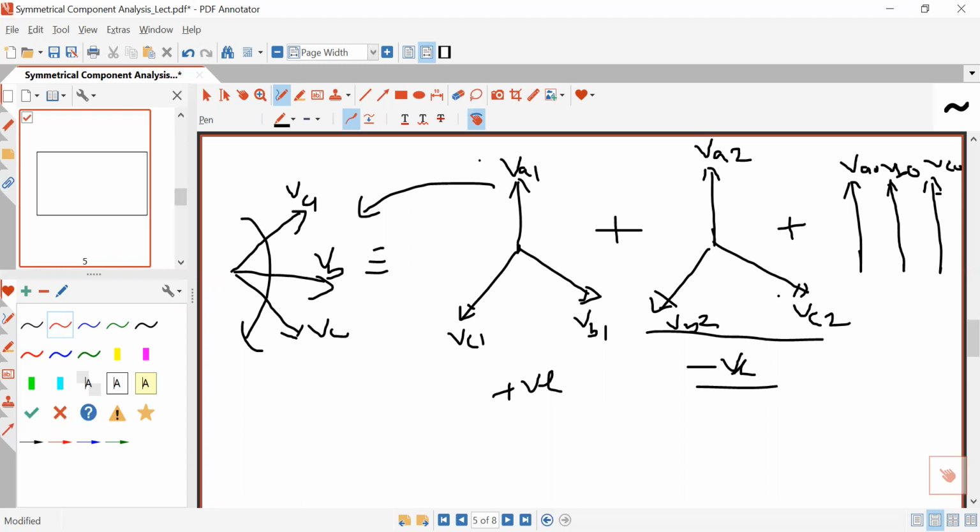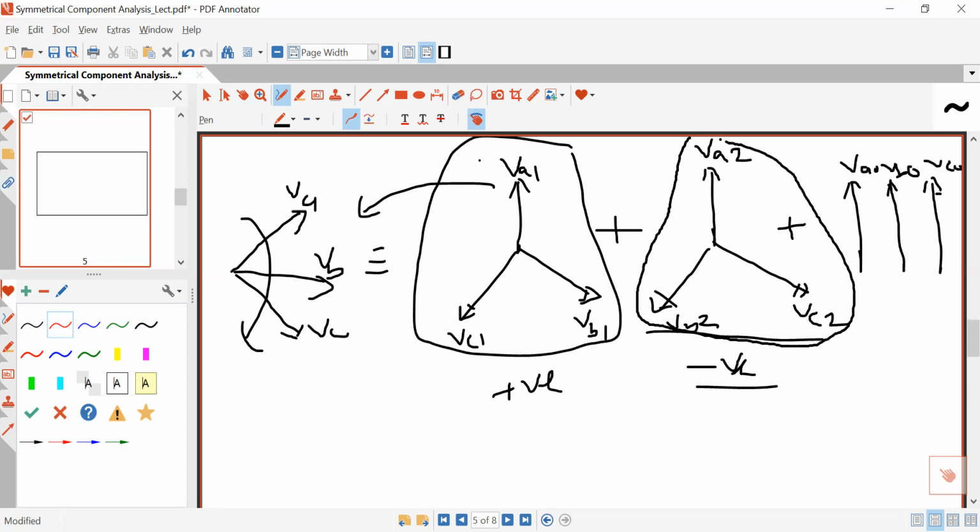And one point is very important here. These two sets are balanced sets. Balanced set means if you add these three voltages, you will get a zero result. And the length of these three vectors will also be the same.